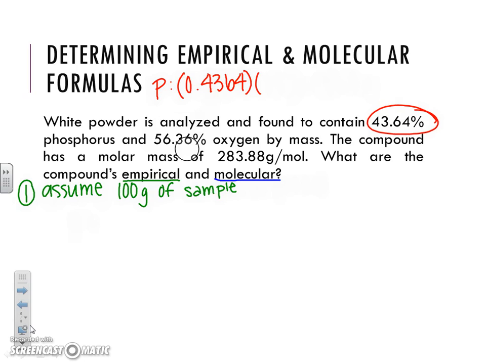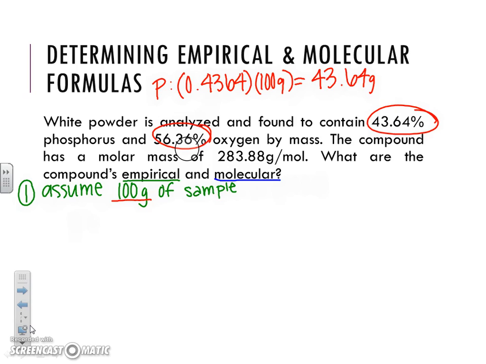And the whole compound is 100 grams, then that actually means that the mass of phosphorus in the compound is just 43.64 grams. So we can use the percentage for phosphorus and also for oxygen like grams because we chose a 100 gram sample. This just makes our math really easy.